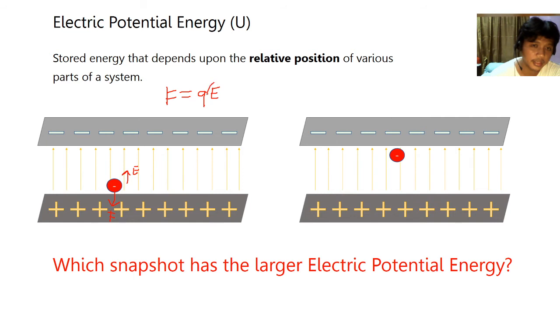If the direction of E is upward, but Q is negative, what the negative does is it reverses the direction. So instead of F being also upward, the F now becomes downward. So that's just what negative charges do.